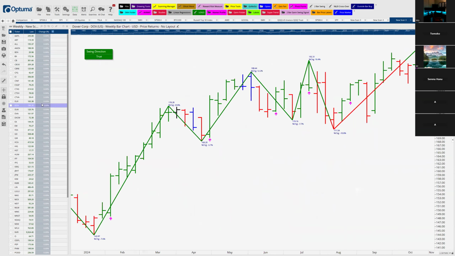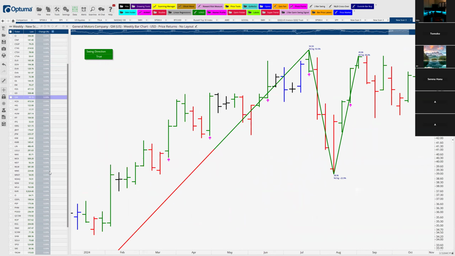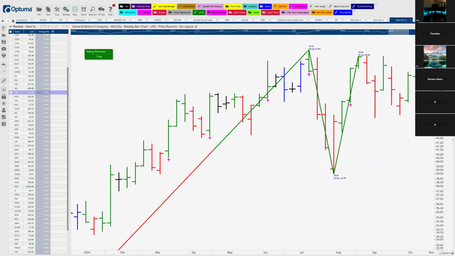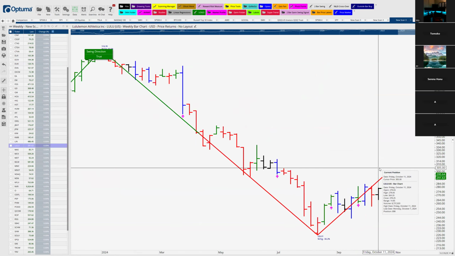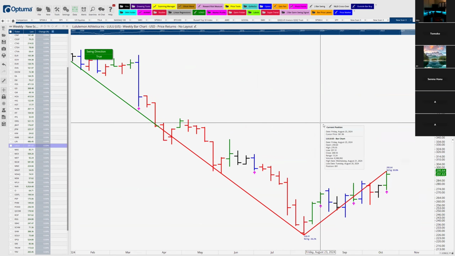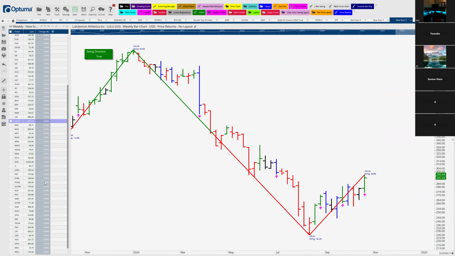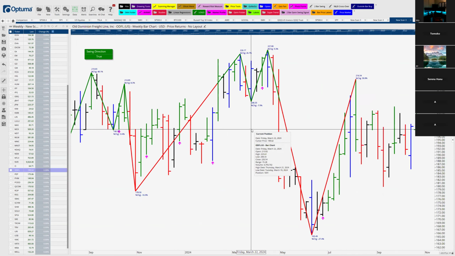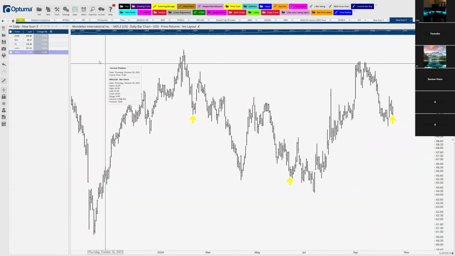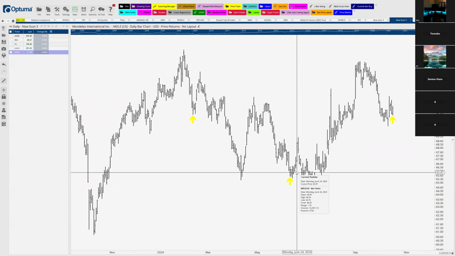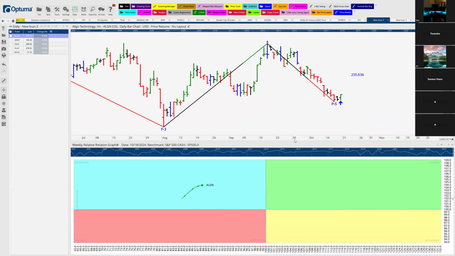Oh boy, that's so many of them. Can you imagine, like you're scanning 500 stocks, they all look good, but you can't just throw money on them left and right. And this. Yeah, I like this one.